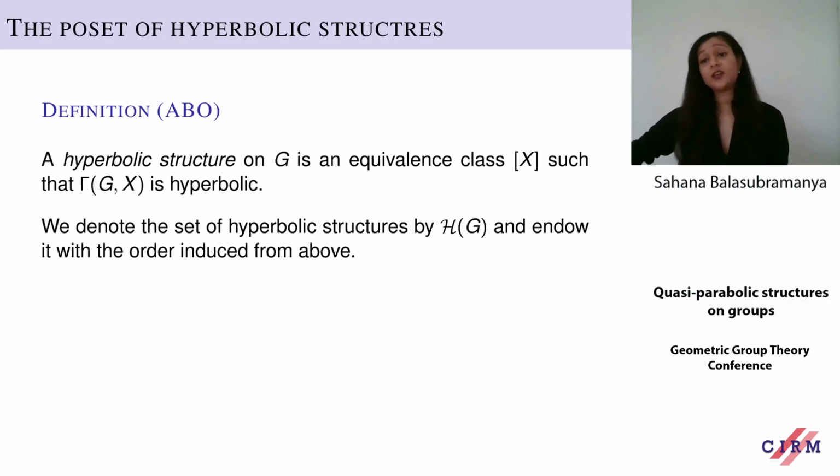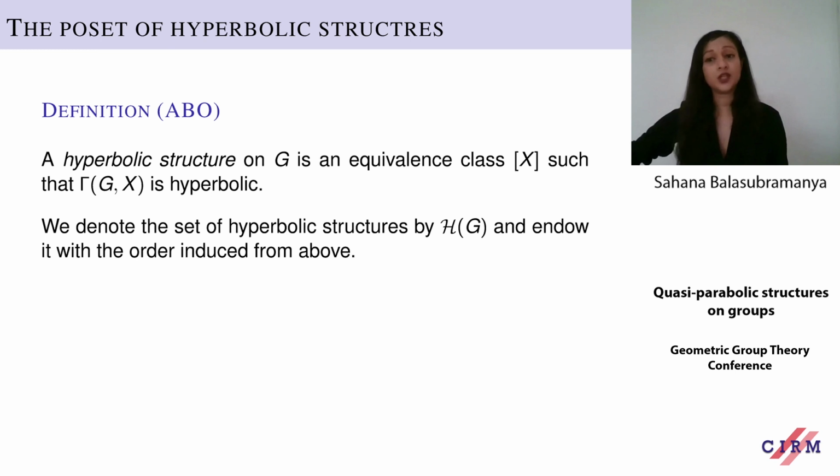And I collect all of these hyperbolic structures together into this set, which we denote by script H of G. And I'm going to endow it with the order that's induced from the dominance relation. So we have a partially ordered set.